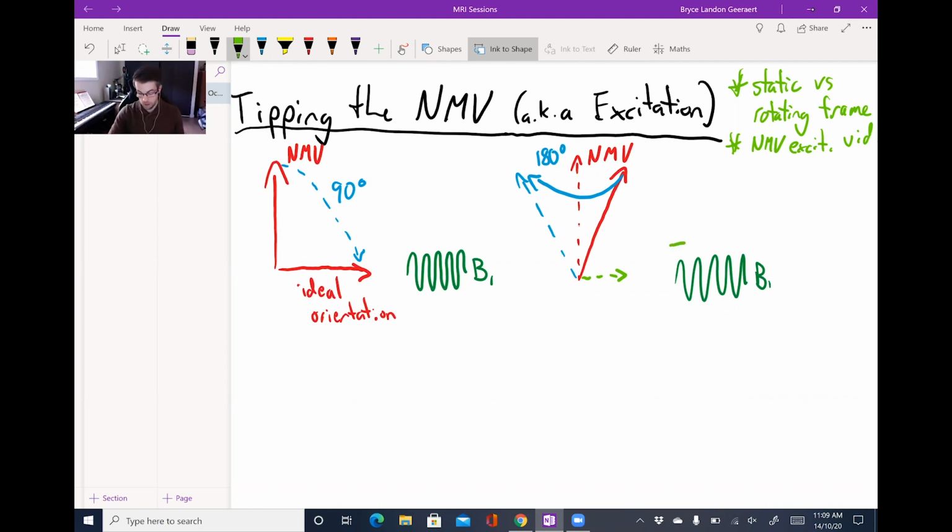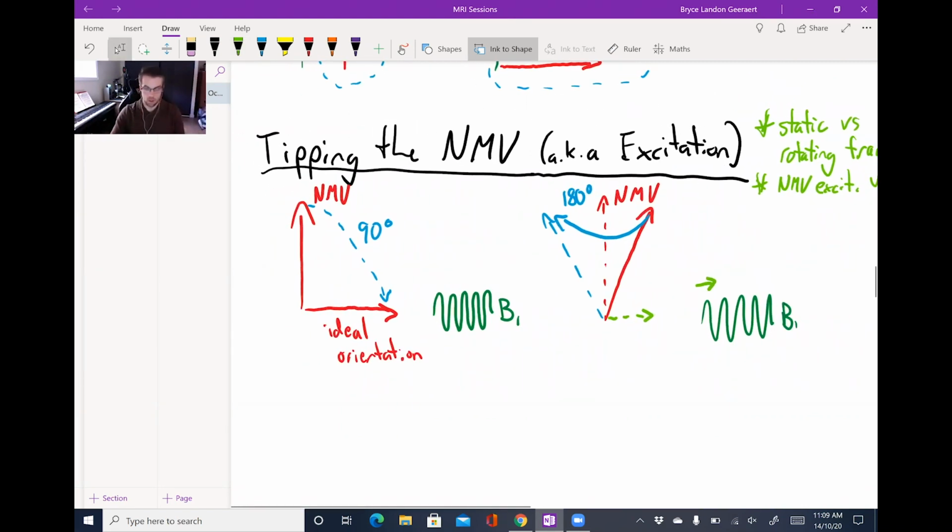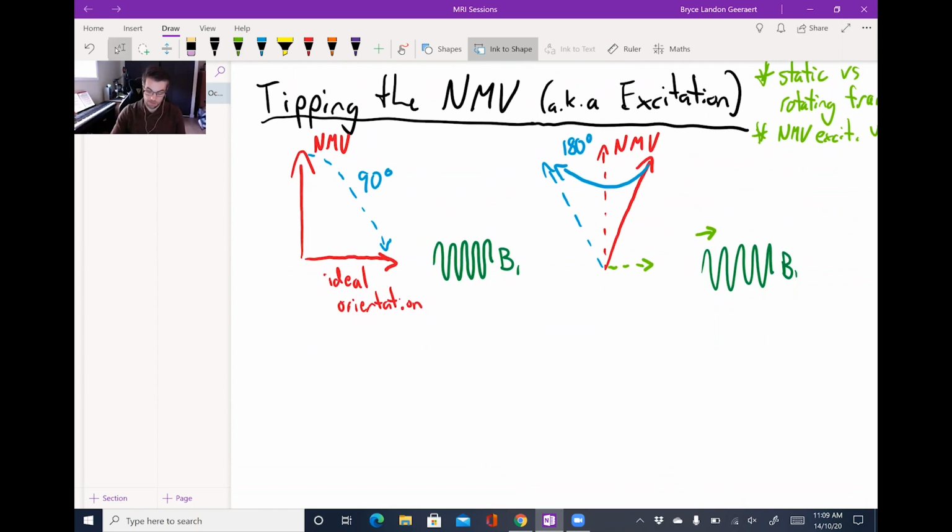If I just draw that out, when the B1 field is at its peak in this example, as measured by a reference point, say it's oriented towards our reference point, and then at the trough, it's going to be oriented in the opposite direction, away, and it's going to be cycling through those orientations at the same rate as the NMV.